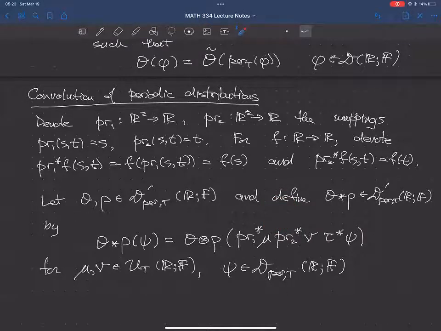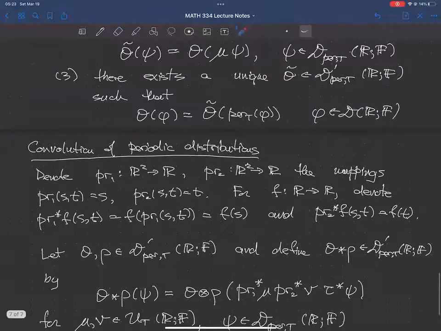And we're doing something similar here. We're trying to create a test signal with two variables, but we have to at the same time account for periodicity. And so what we're doing here is making use of this formula up here that we used to relate a distribution which was T-periodic with a periodic distribution.